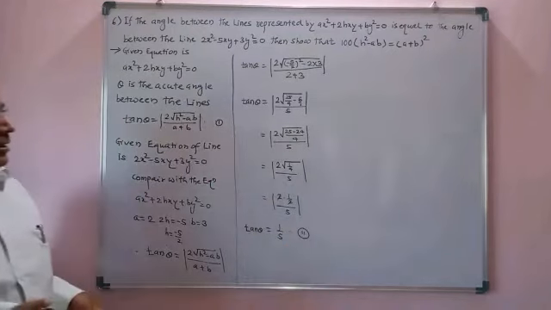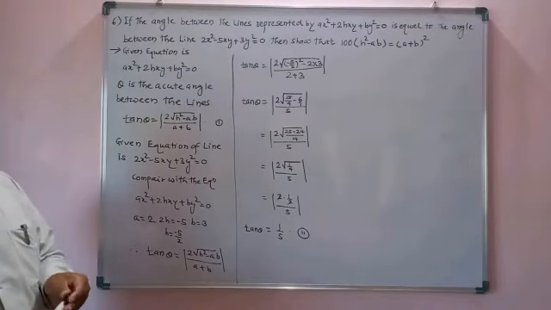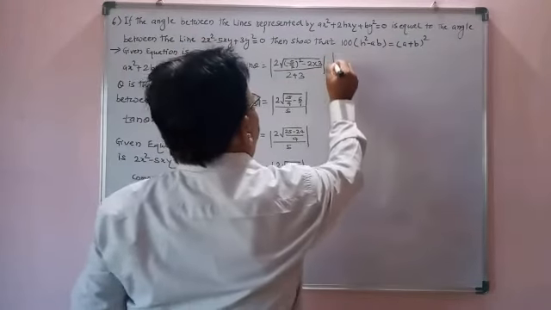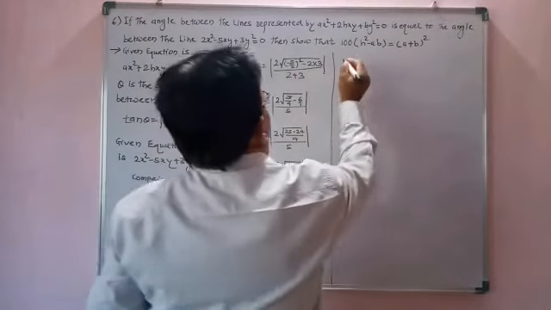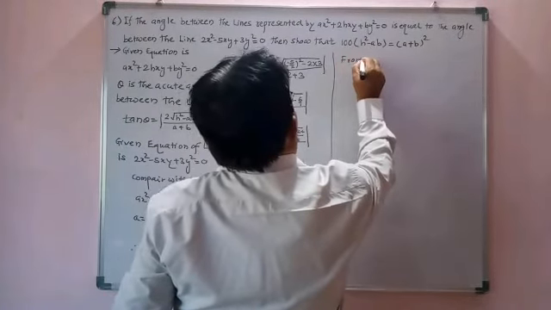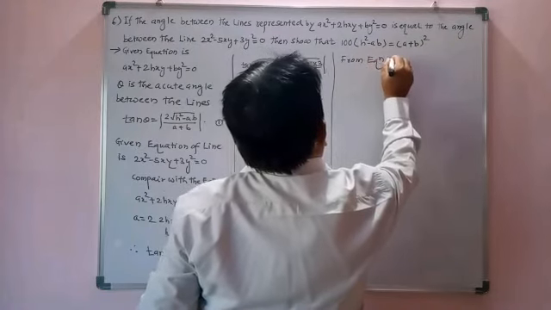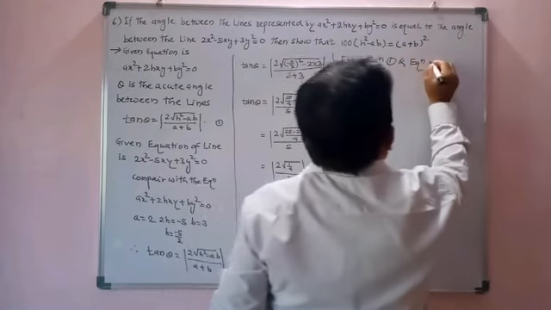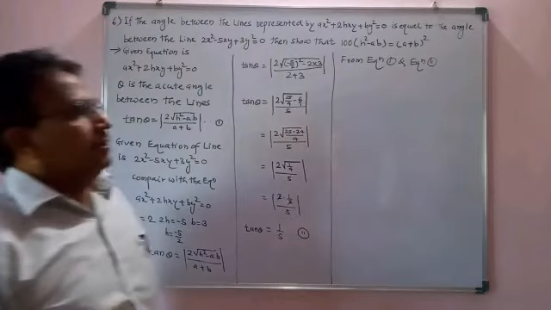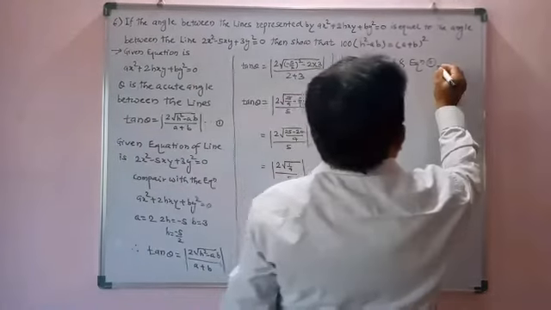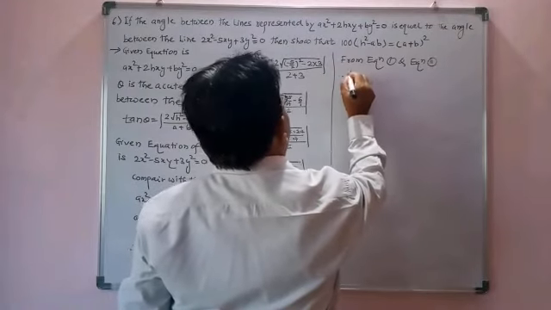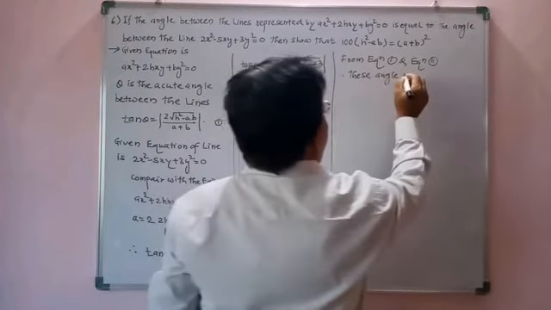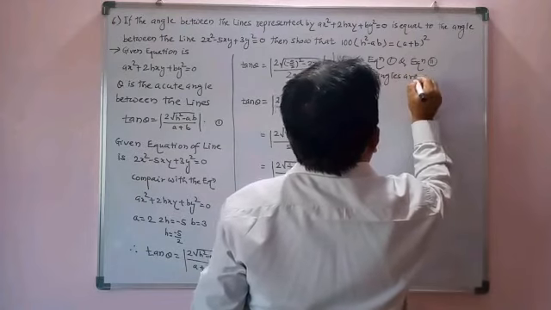This is equation second: tan θ = 1/5. The angles from equation first and equation second are equal.